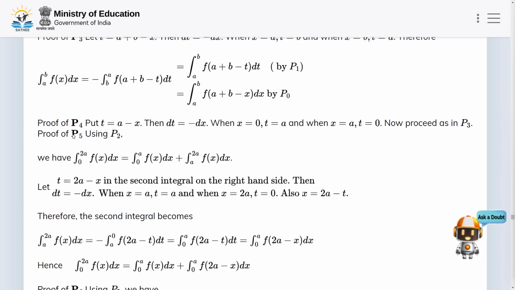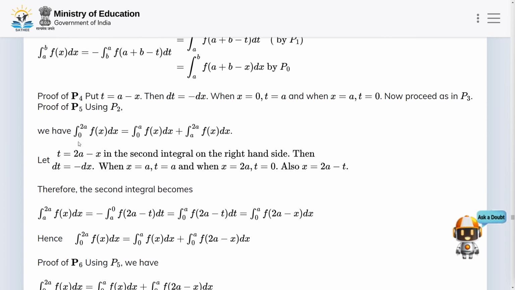For P5, using P2, what you get is the definite integral from 0 to 2a of f(x) dx can be rewritten as the integral from 0 to a of f(x) dx plus the definite integral from a to 2a of f(x) dx. Now putting t equals 2a minus x in the second integral, dt will be minus dx. This means when x is equal to a, t will be a, and when x is equal to 2a, t will be 0.